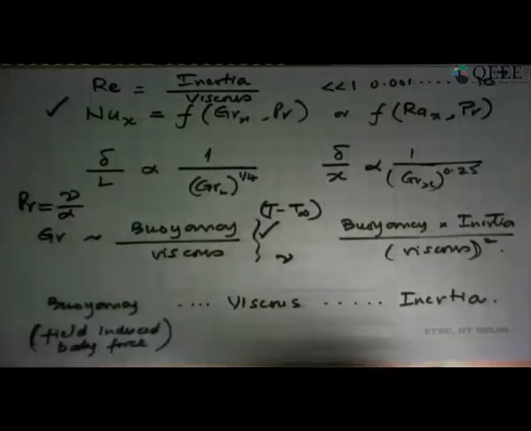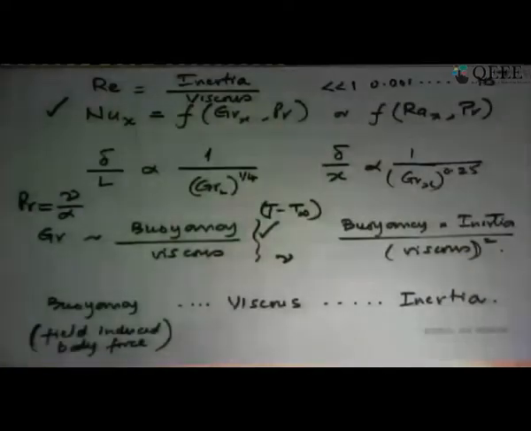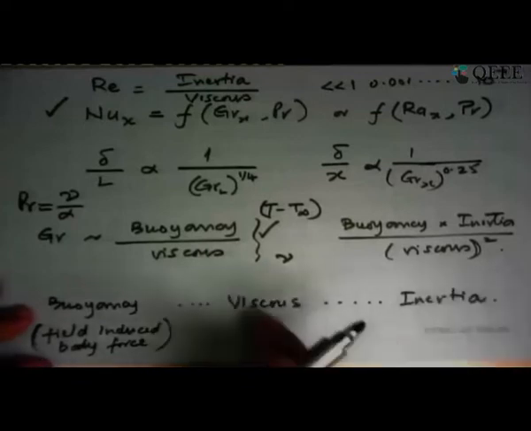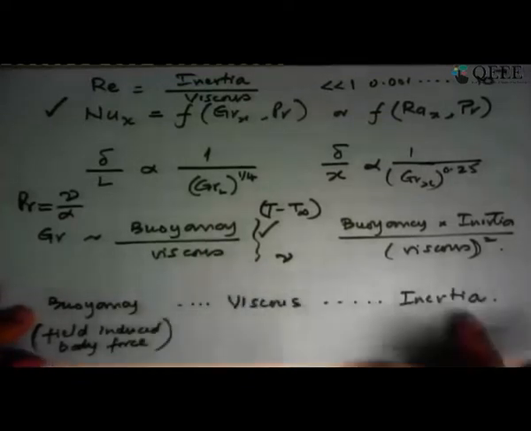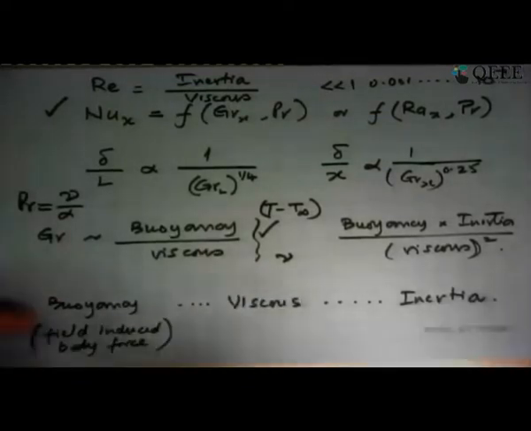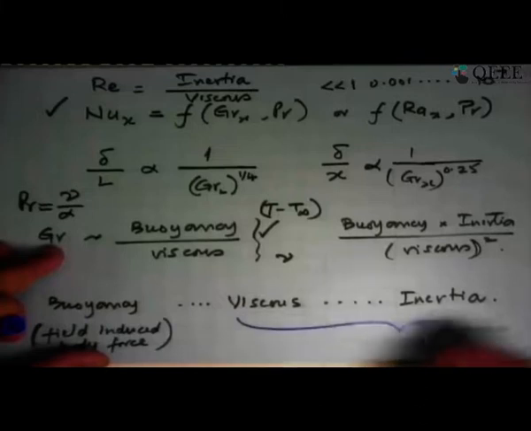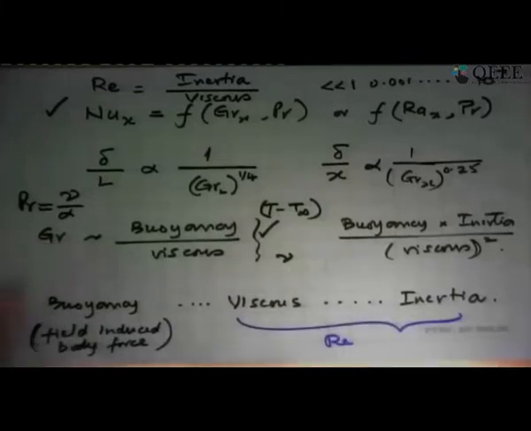Now if you look at all three, in the problem you would have all the forces: the buoyancy force, which is the field-induced body force, the viscous force, and the inertia force. In forced convection, we considered only two of these because we got Reynolds number in the problem.